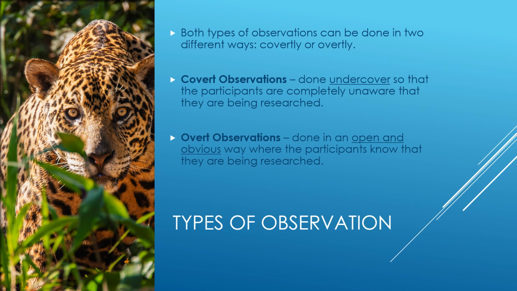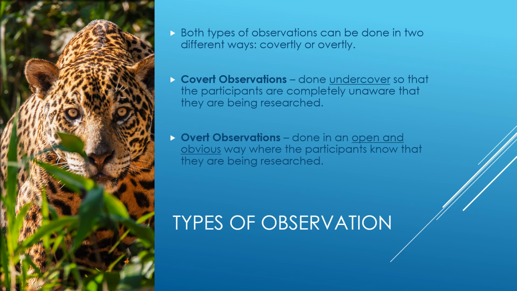Covert observations are done undercover. The participants are completely unaware, they don't know they're being researched. Okay, they don't know that they're being watched. And with non-participant observation, this can be done in a few different ways. So for example, you can use video cameras, hidden cameras, to covertly observe your participants.